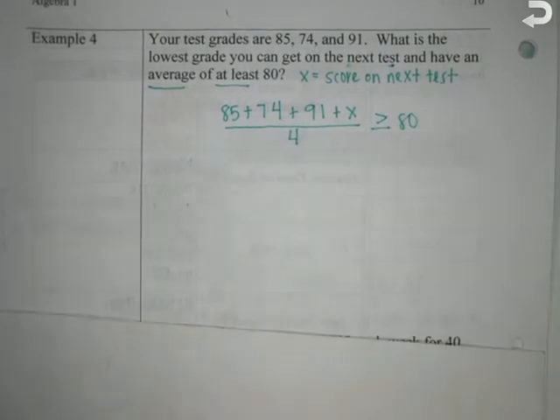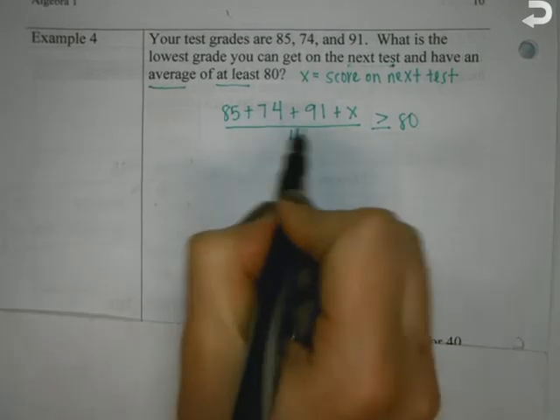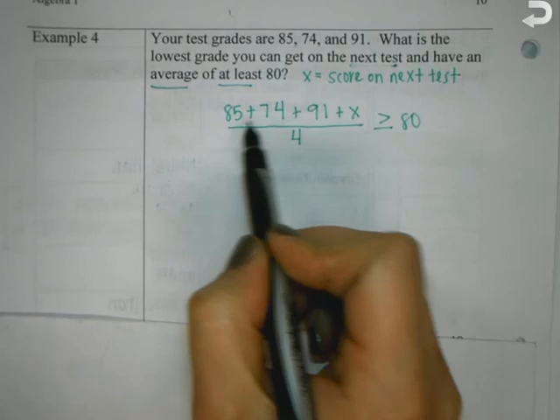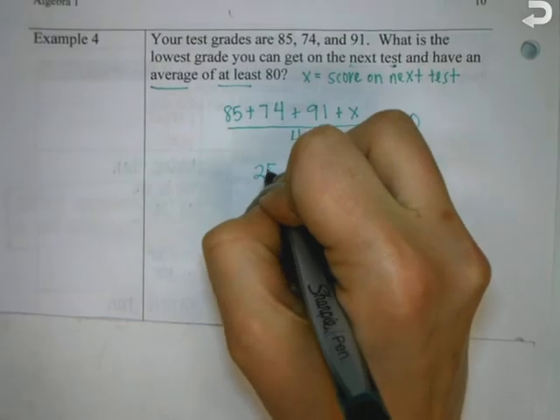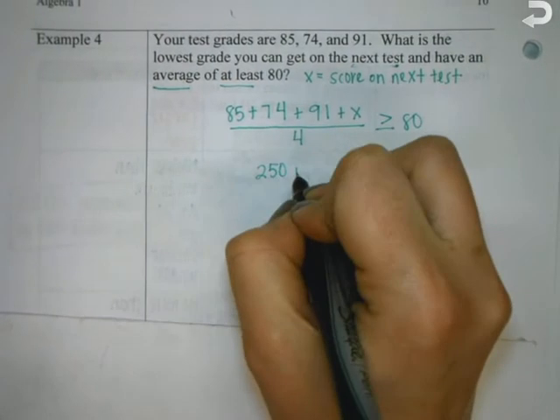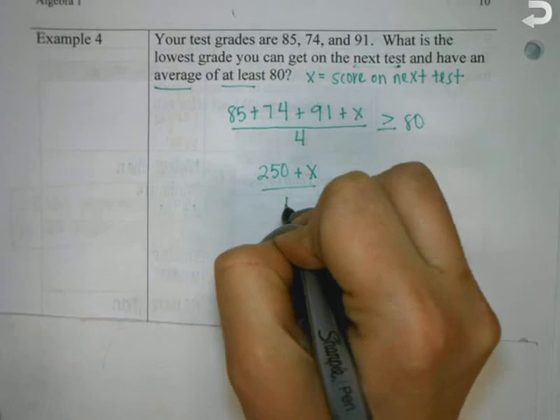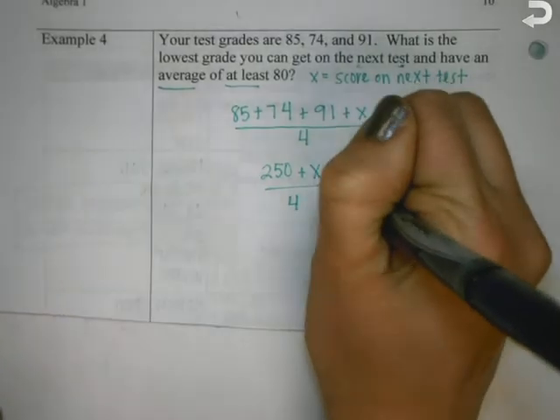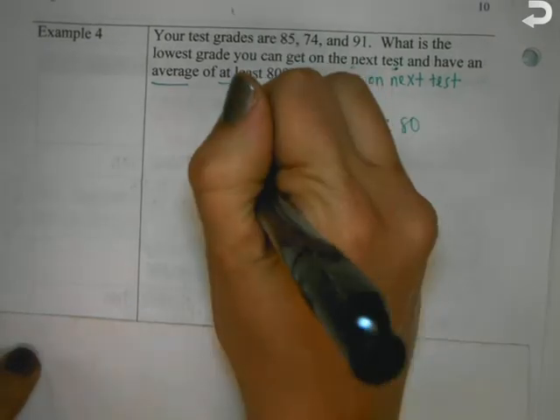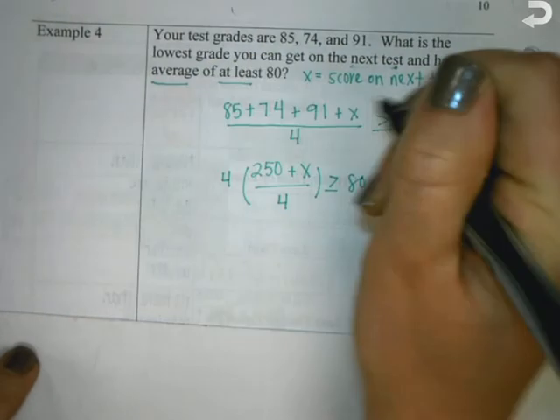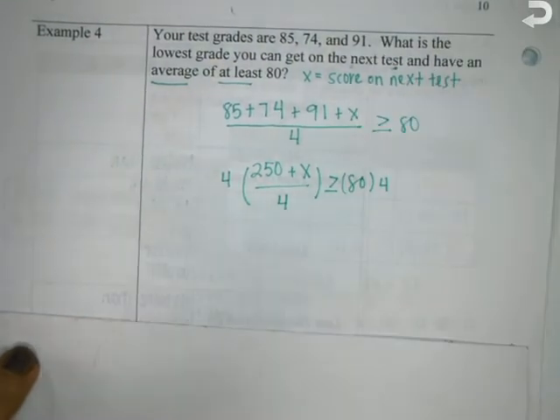Okay, what can I do next? We can add all these guys up, right? So 85 plus 74 plus 91, what does that give me? Okay, good. So that's 250 plus x, right? Divided by 4, greater than or equal to 80. Now I can multiply both sides by 4 because this and 4 are going to cancel, right?